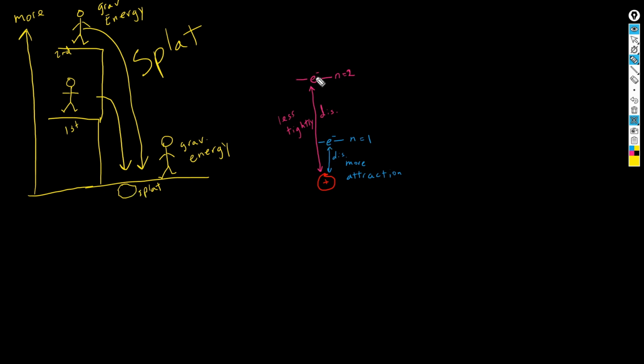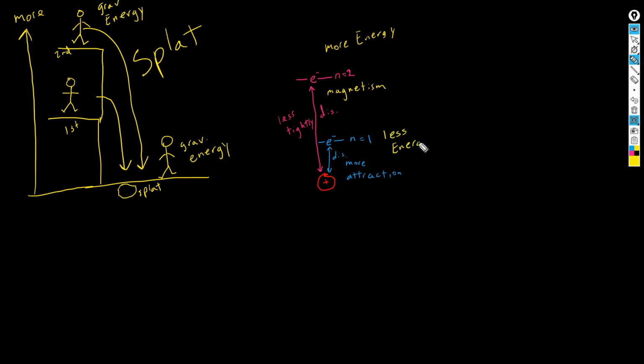Well, it's the same thing with electrons. Because the electrons on the second floor have not gravity but magnetism pulling them towards the nucleus, the electrons in the second energy level have more energy than the electrons in the first energy level.